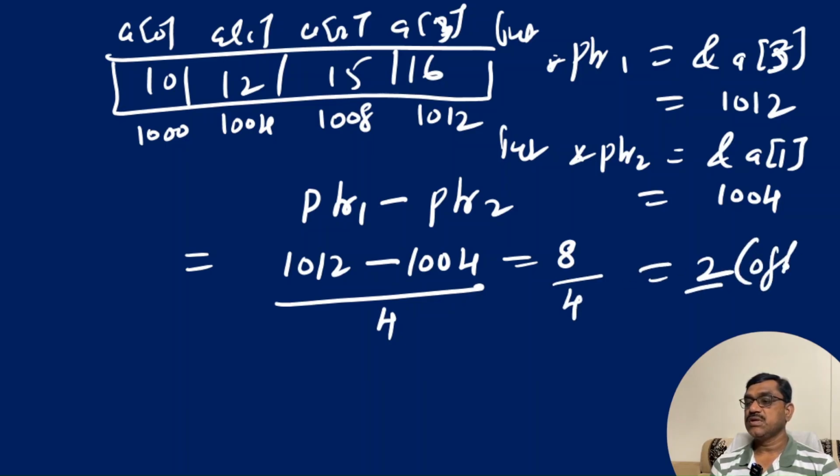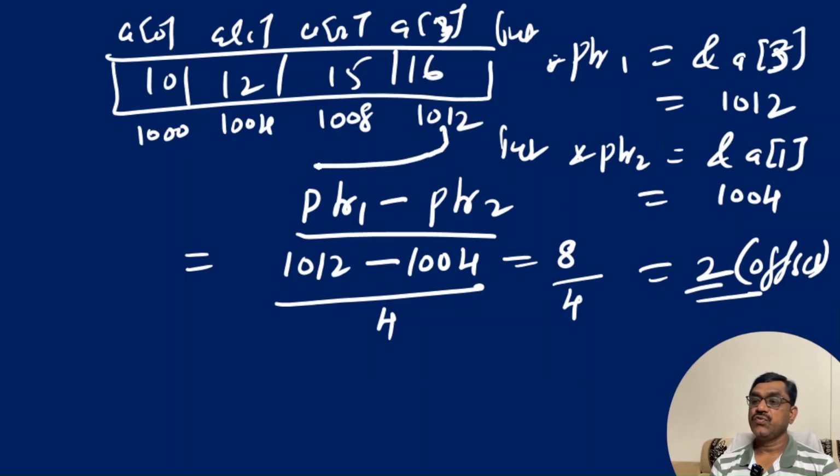This 2 is nothing but the offset. This value is given by the pointer subtraction. What do you mean by 2? From 1012 to 1004, the distance is 2. It means you have to move 2 locations backward from PTR1 to PTR2.